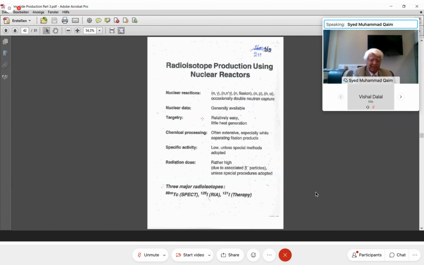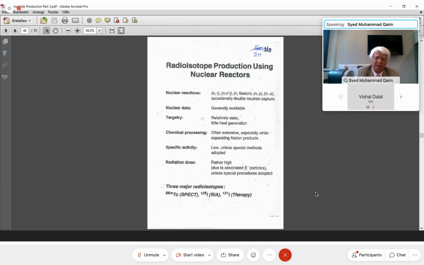So not much heat is generated, and so it is possible to do very long irradiations in aluminum capsules. Some irradiations are done for years and years. If one wants to produce cobalt-60, it's cobalt-59 material, a few grams put in the reactor for several years, and the activity accumulates.